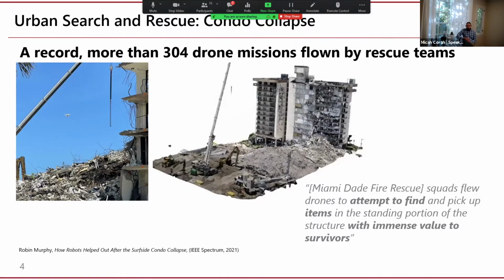Aerial robots and perception tasks are also becoming increasingly prominent in rescue efforts and at the same time increasing in scope. After the recent Surfside condo collapse in June 2021, rescuers flew more than 300 drone missions through the duration of the response.